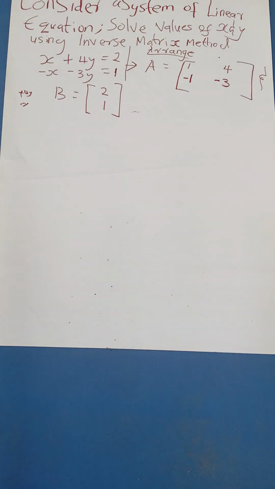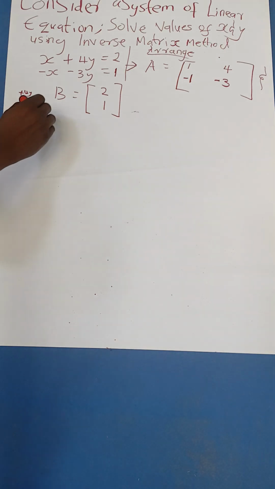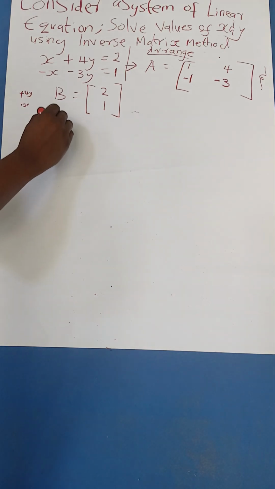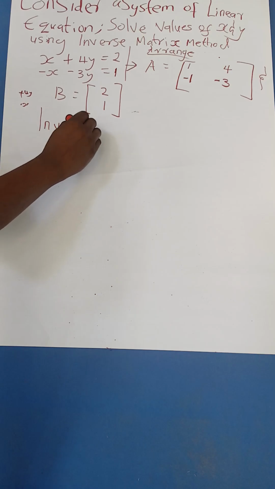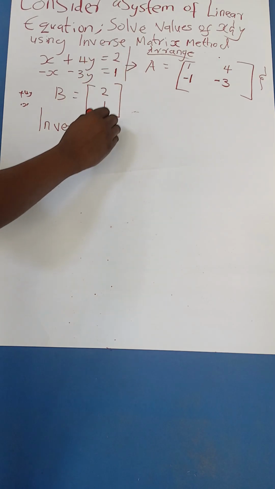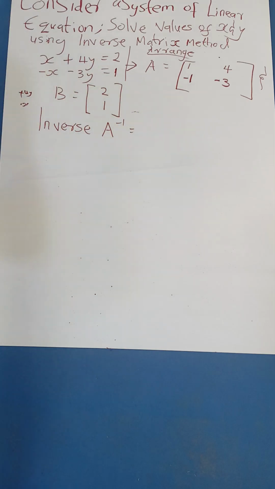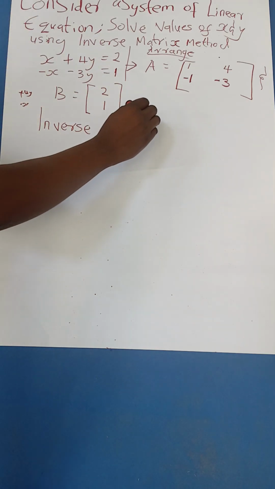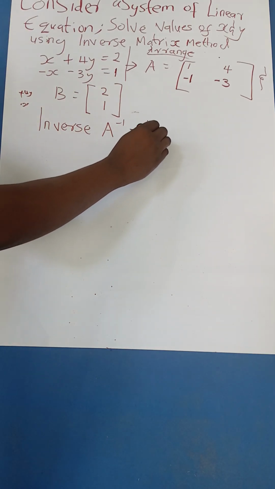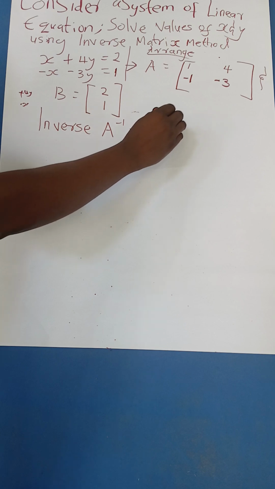Now, comrades, next, we will focus, because we have been told to find the inverse, and we know very well that to get the inverse of any matrix A, we say it's 1 over the determinant, multiplied by the adjoint.